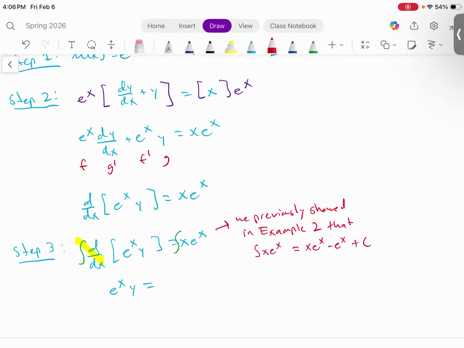So we can just use that information and continue on with our problem.